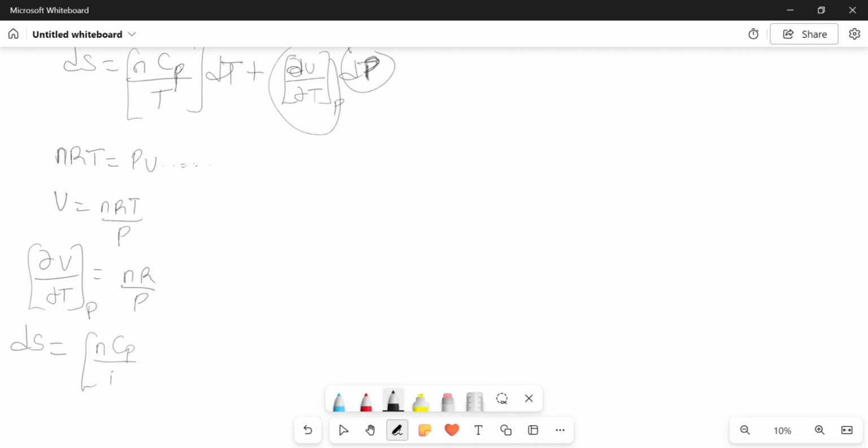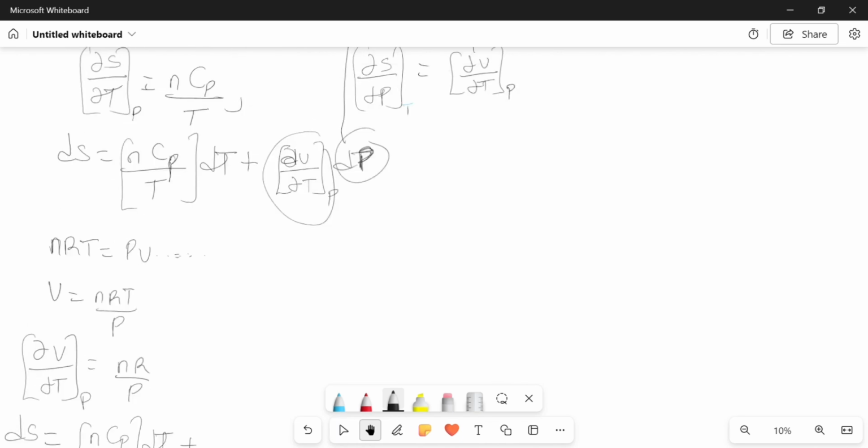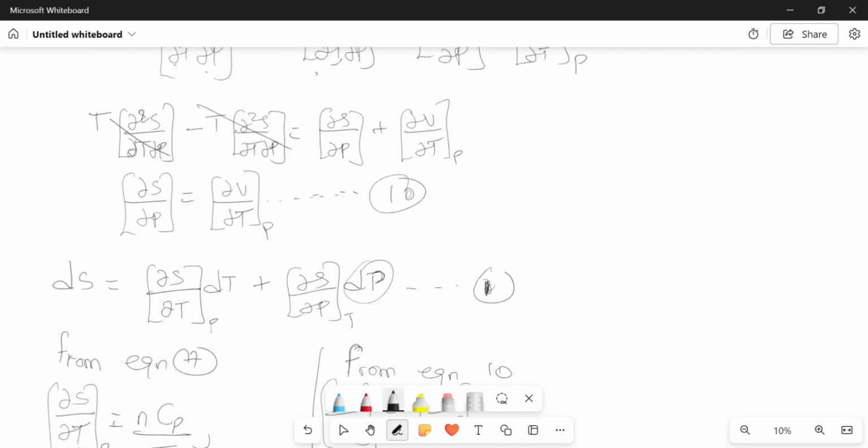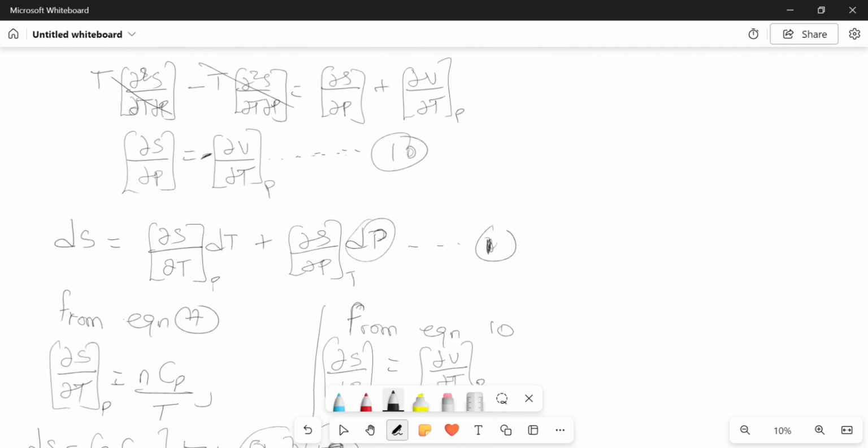nCp over T dT plus, oh please, let's check some things that I might have messed up. Good. So from this equation 10, when I brought this one to this side, there should be a negative sign here. So the dS over dP is minus dV over dT.